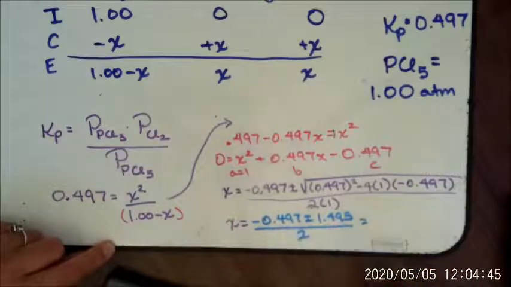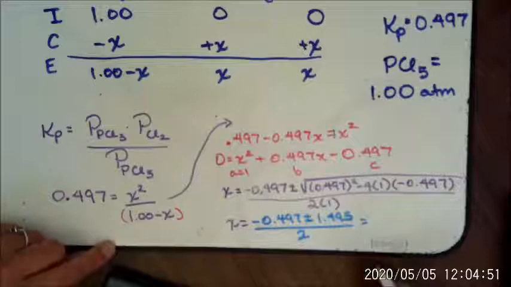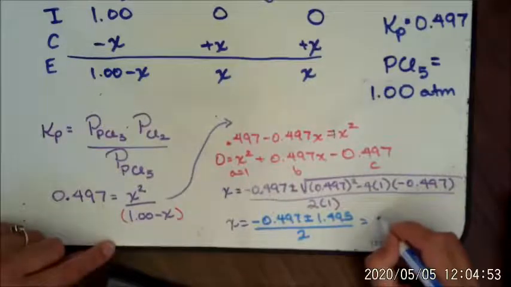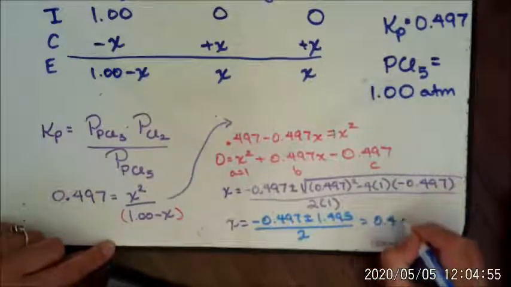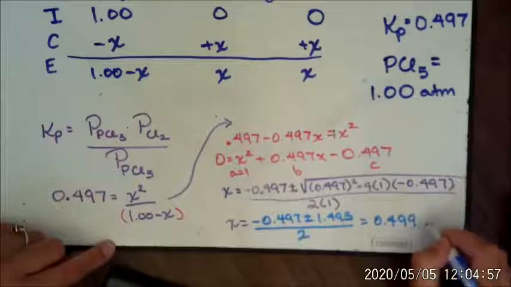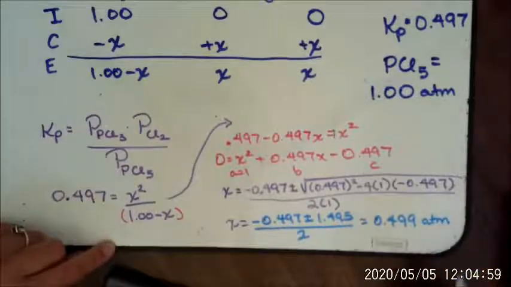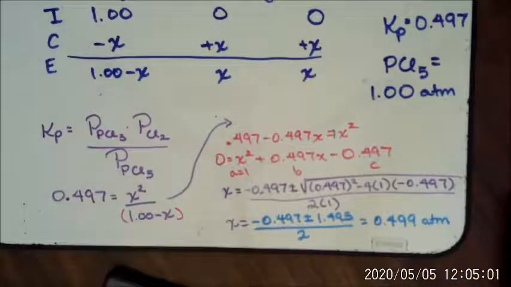So let's just look at the first value. Minus 0.497 plus 1.495, divide that by 2, and I get x is equal to 0.499 atmospheres. So what does this mean?